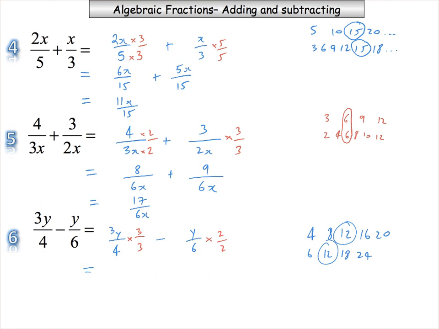So we end up getting 9y over 12, take away 2y over 12, 9y, take away 2y is 7y over 12. So what we need to focus on is getting our fractions with the same denominator.